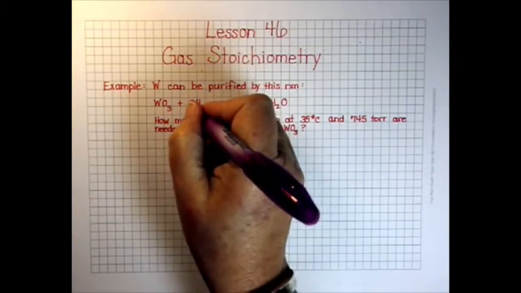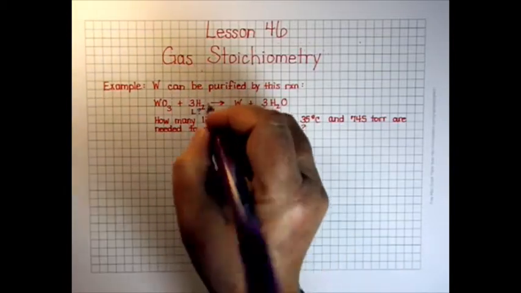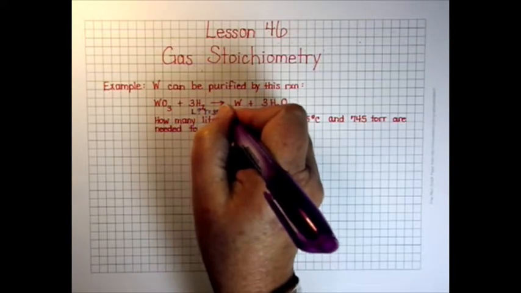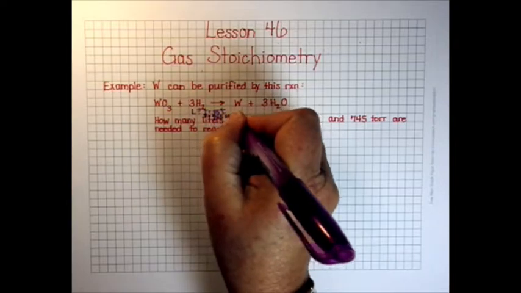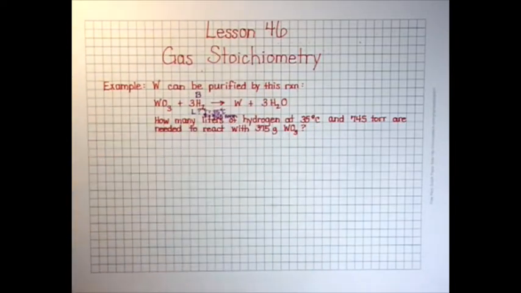They're asking us for a volume here in liters. And they're telling us that this hydrogen is going to have a temperature of 35 degrees Celsius and a pressure of 745 torr. Since this is what they're asking us about, this must be what we're going to call B, just to keep from having to write subscripts all the time.